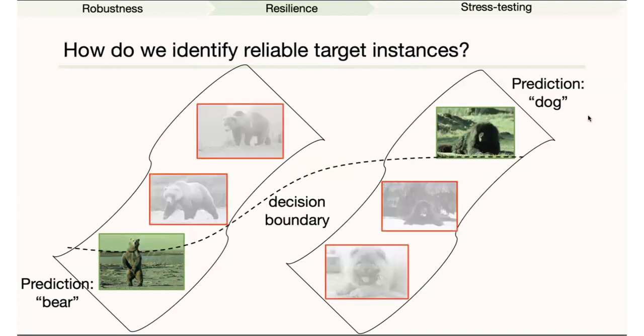But then naturally the question is, how do we even identify these examples? Something simple and plausible you could do is look at the confidence of the model, and look at how far this instance is from the decision boundary and use that as a measure of reliability. But this kind of metric has been shown to be miscalibrated and unreliable under a domain shift.